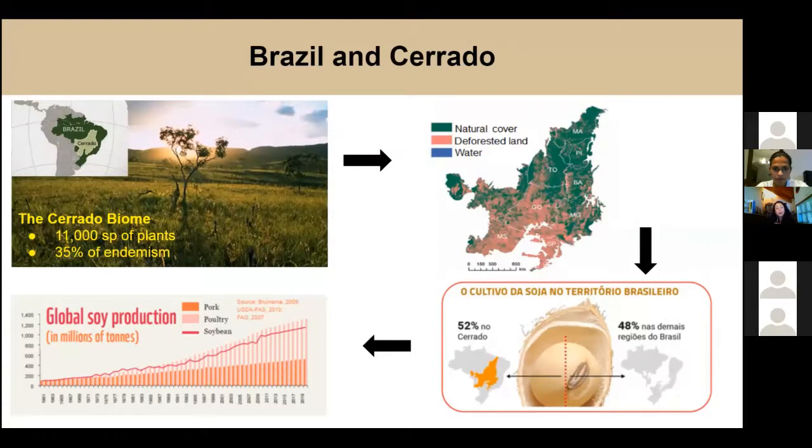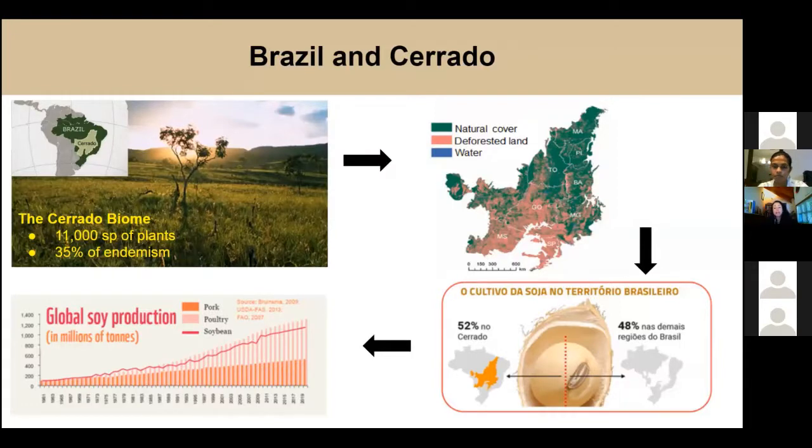It has a very high proportion of endemic species, specifically plants. However, the Cerrado has been heavily converted. About half of its extension has been converted for grassland for livestock and soy production, here shown in the red.